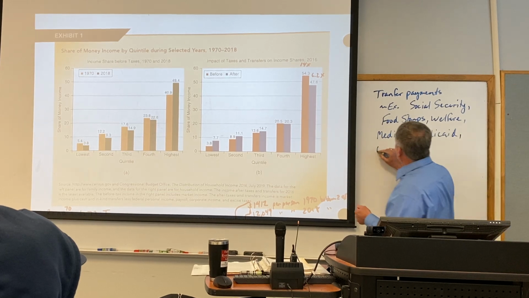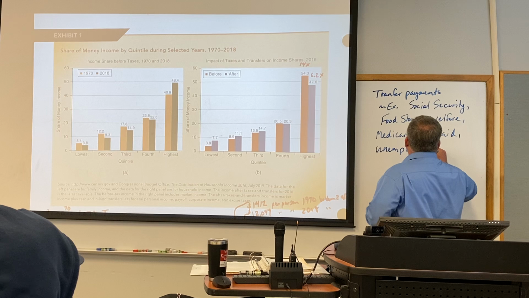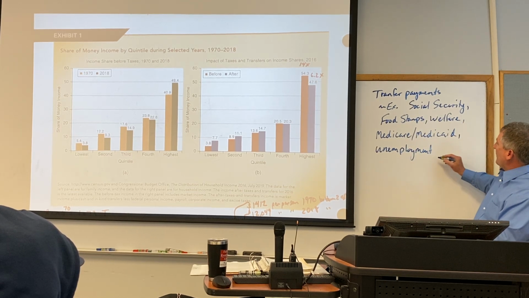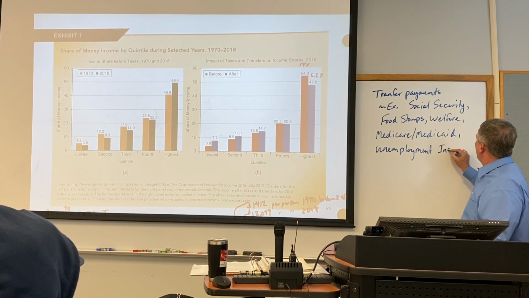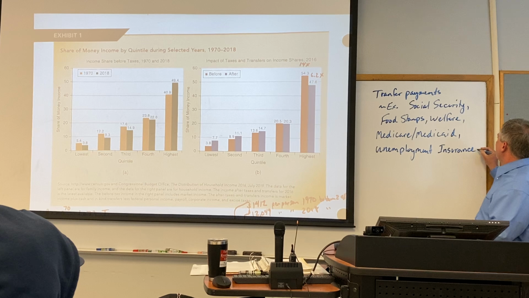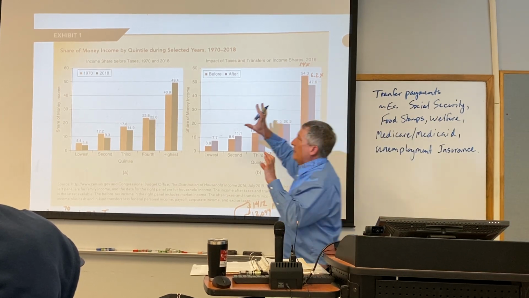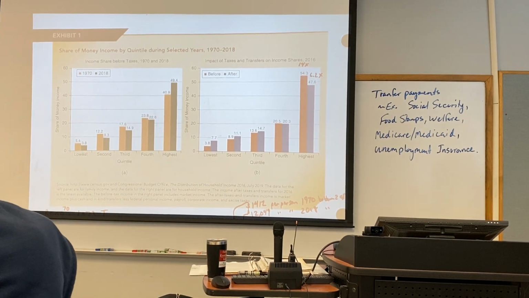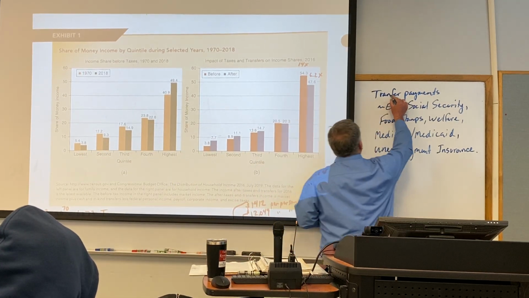So unemployment insurance is the other one that we should list here. Especially if you get unemployed, then you have kind of a need-based thing there. All right, so those are just some examples, but anytime the government takes money through taxes and distributes it somewhere else, in general, that's a transfer payment.